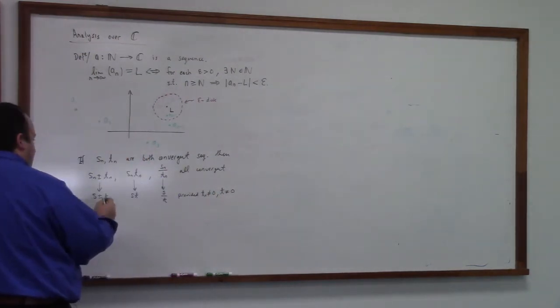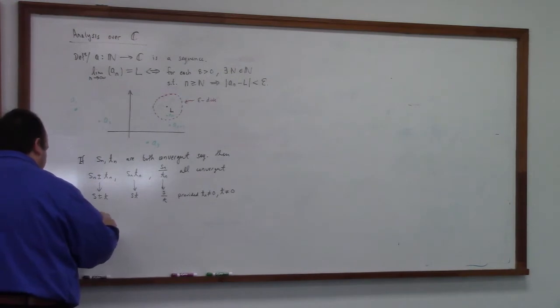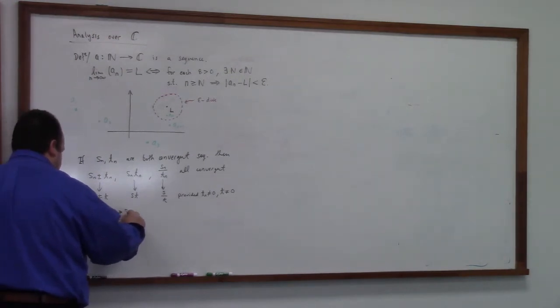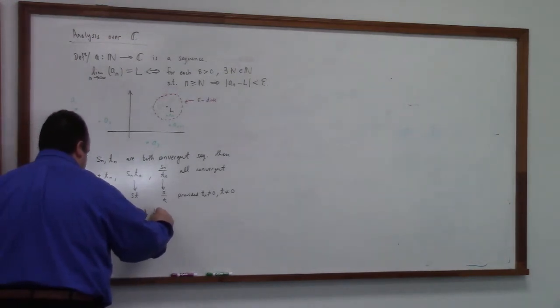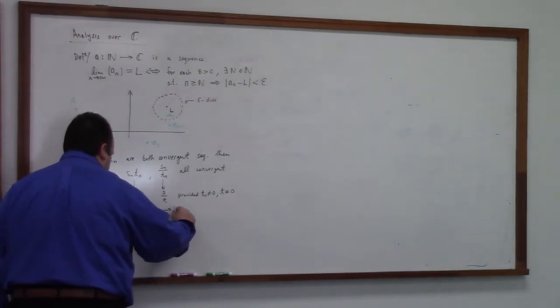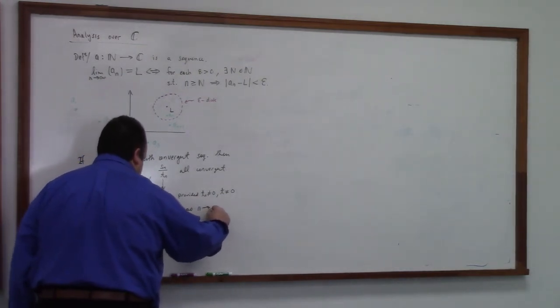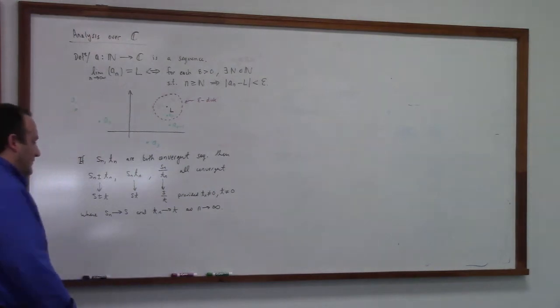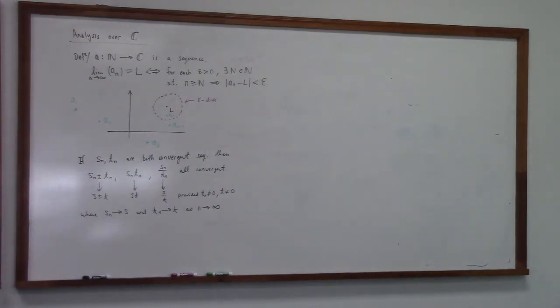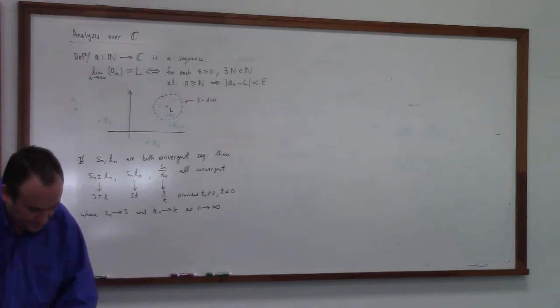Here I'm saying that S sub n converges to S and T sub n converges to T as n goes to infinity. That's our other notation for sequences. We don't have to use the limit notation; we can also say in sentence form that the sequence goes to the limiting value as n goes to infinity. That's a freedom we have in how to express limits, but the limit should be expressed somewhere.